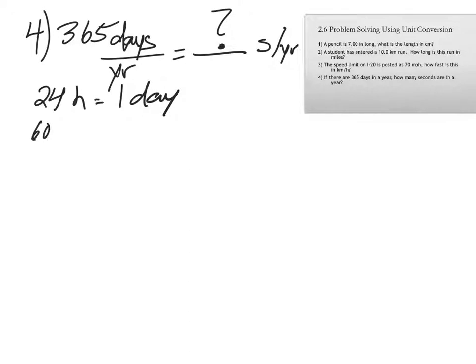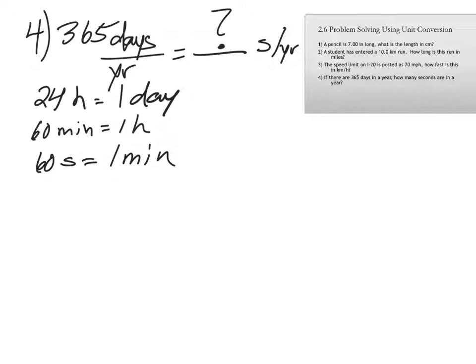There's 60 minutes in 1 hour, and there are 60 seconds in 1 minute. Those last two conversions are definite and exact, but the days in a year and the hours in a day are things that are technically in reality not exact numbers.